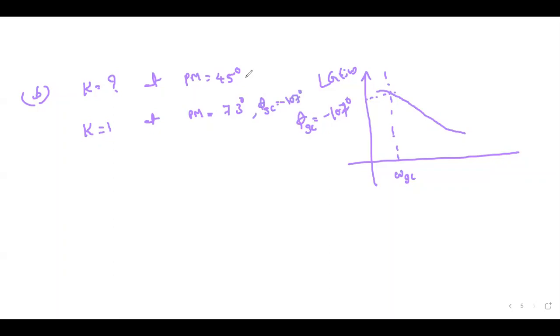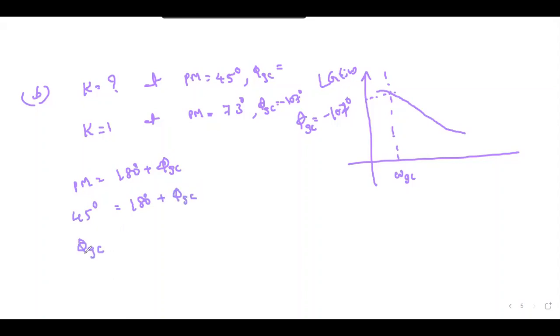And what should this phi GC be to get phase margin equal to 45 degrees? Since phase margin is equal to 180 degrees plus phi GC, if phase margin is to be 45 degrees, phi GC must be equal to how much?